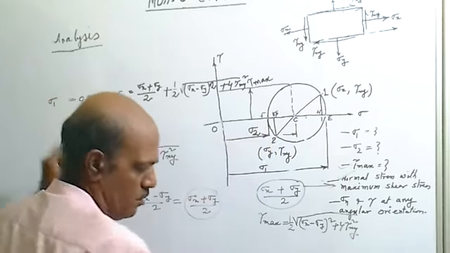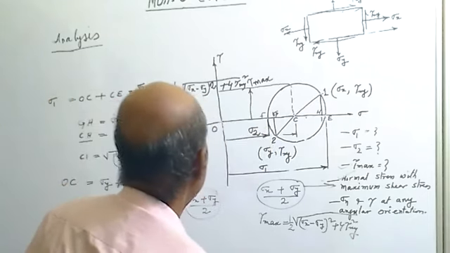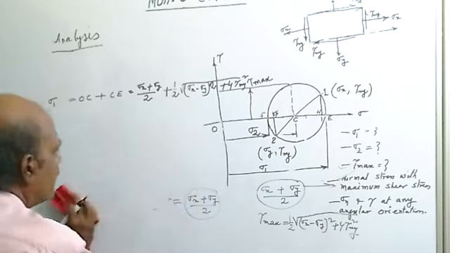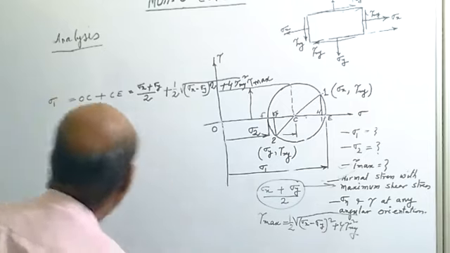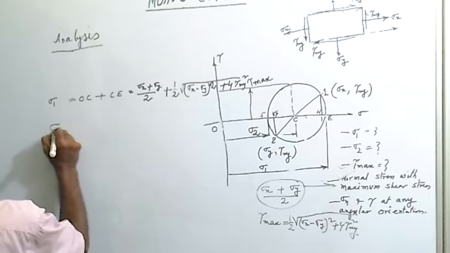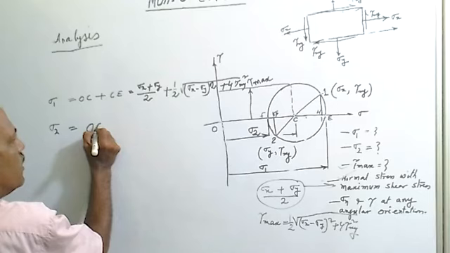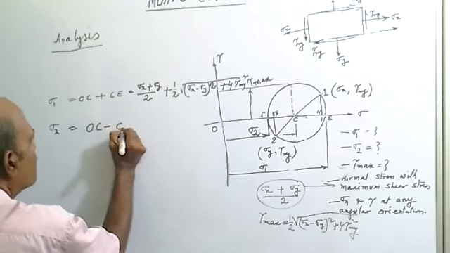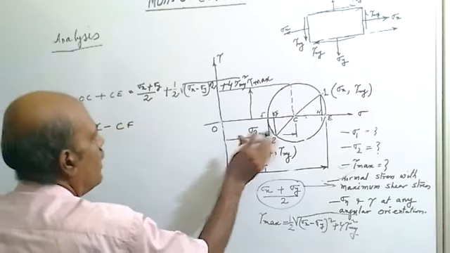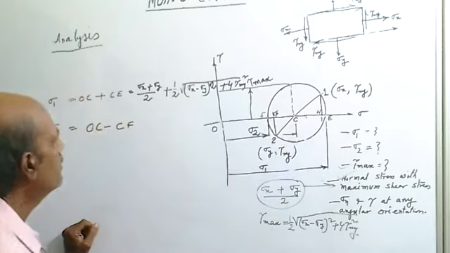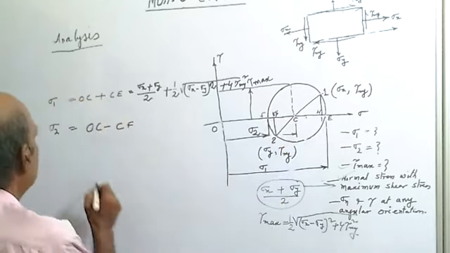Now we will calculate the sigma 2 value. Sigma 2 is equal to OC minus CF. From the figure, OC minus CF will be the sigma 2 value. What is the OC value?